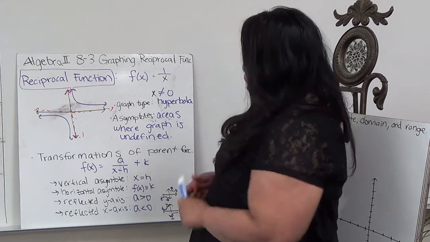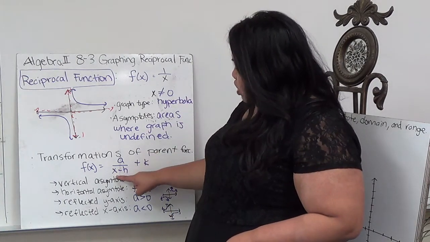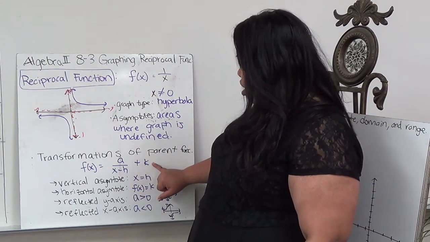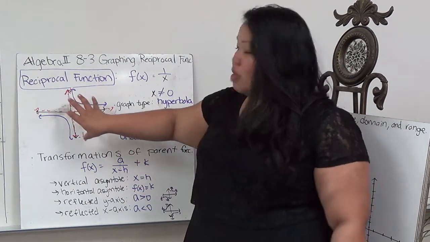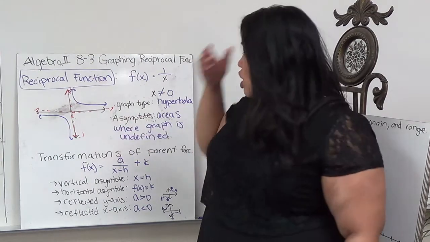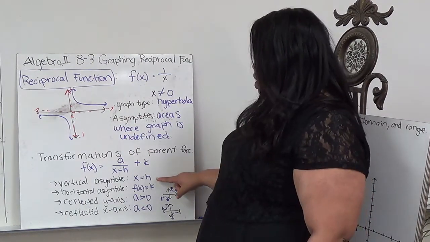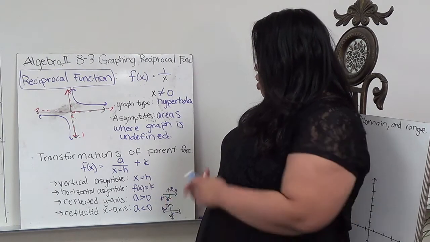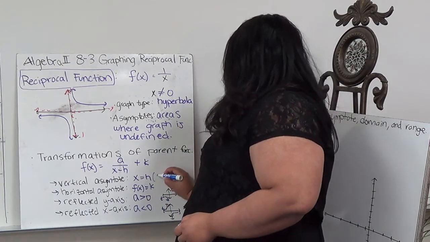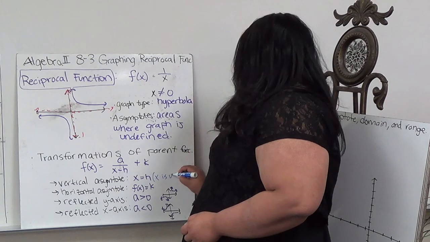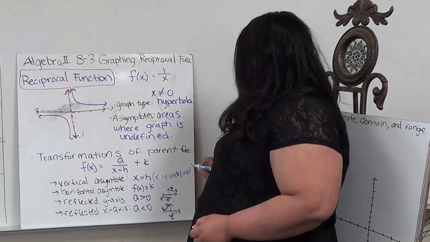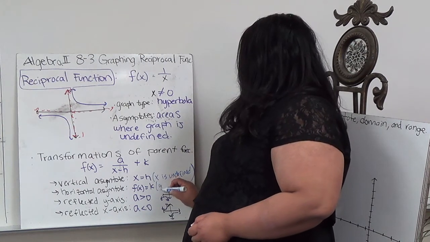So you'll have an equation where a over x is your original function. According to what a, h, and k are, is how I take the parent function and shift it. The vertical asymptote is where x is undefined, and in this one is where y is undefined.